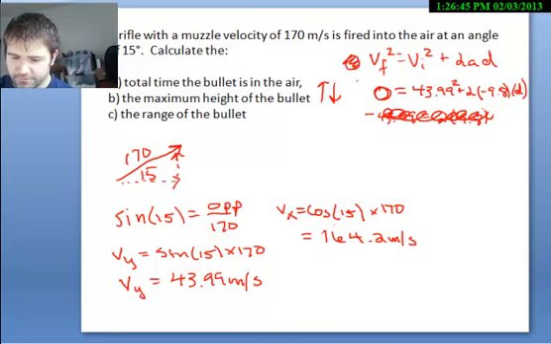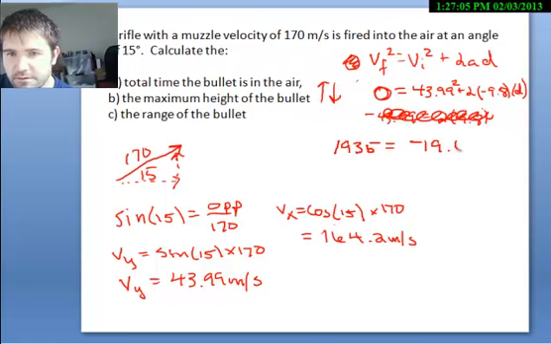So 43.99 squared equals 1,935. And that's equal to 2 times negative 9.8, which is negative 19.6, times the distance, so I divide by negative 19.6.